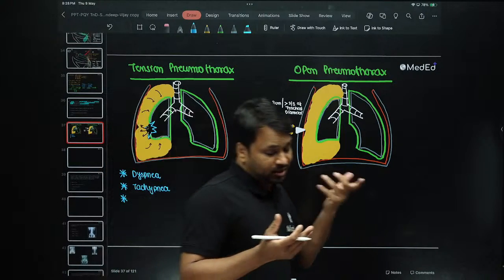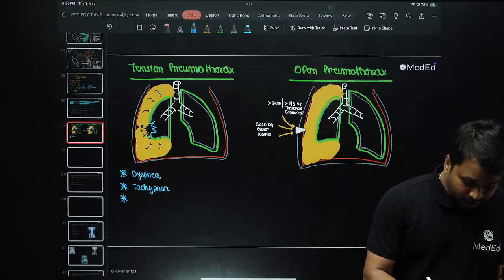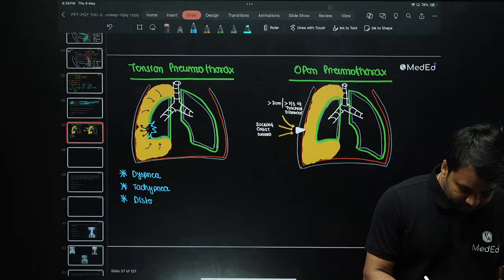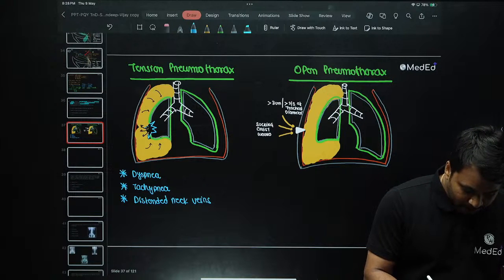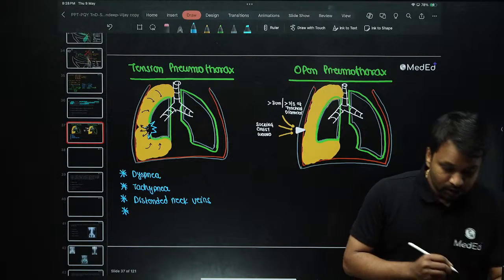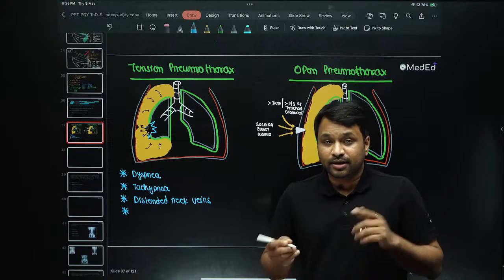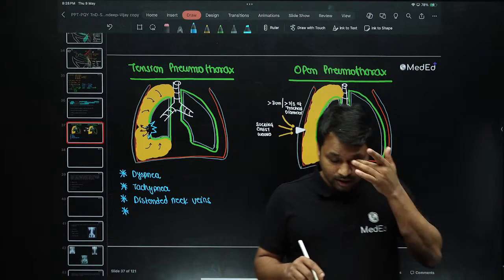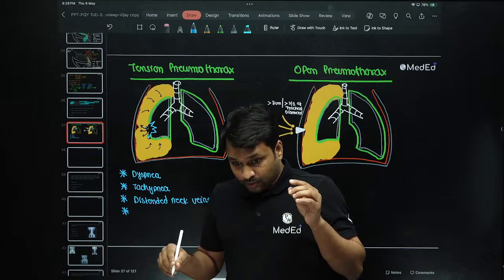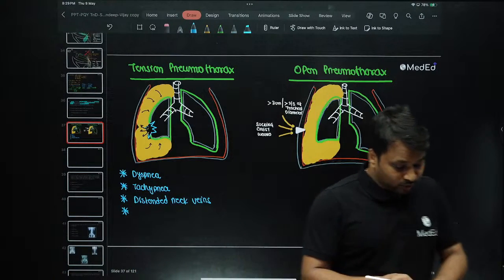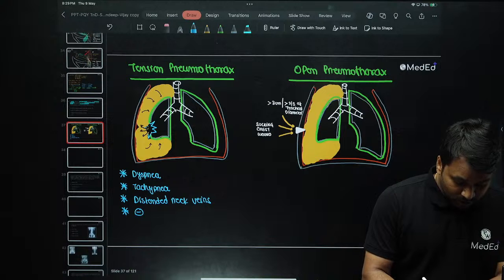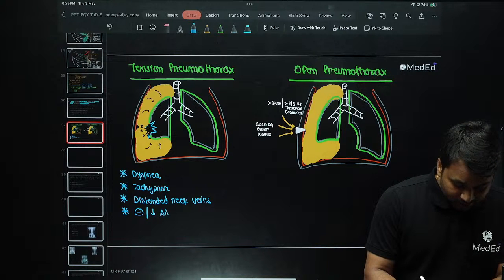It will compress the head and neck veins that are supposed to drain, so there will be distended neck veins. Along with distended neck veins, what else will you see? Another thing you will notice in a tension pneumothorax is on auscultation, because there is no air going into this side, so obviously what will you get? There is absent or decreased air entry on the affected side.